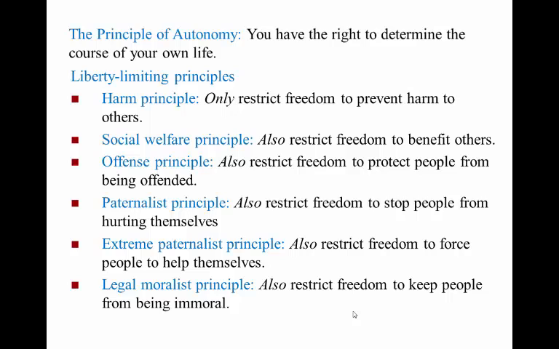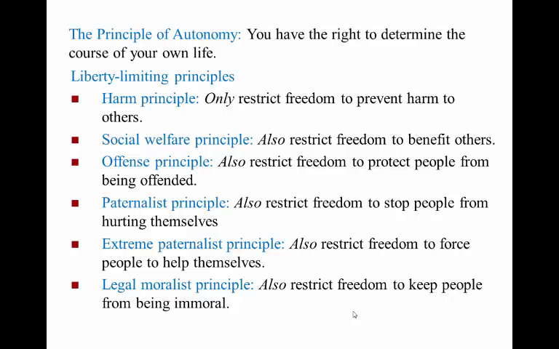This is a restriction on individual freedom, and it's typically justified using the legal moralist principle. People felt that people who commit sodomy are being immoral, and so we should restrict their freedom to prevent that. In general, most laws about sexual practices are based on this sort of legal moralism.